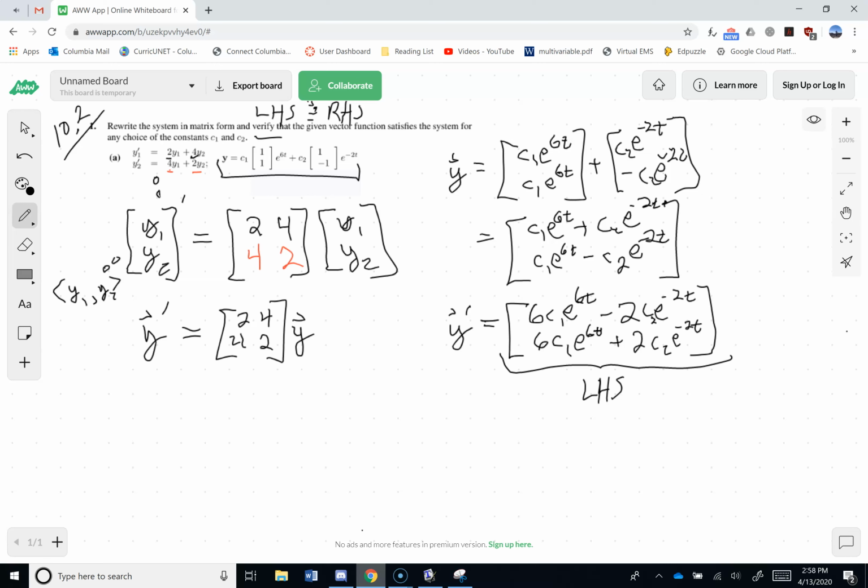So I have the left-hand side. I really need to calculate the right-hand side, right? Okay, so if the right-hand side is supposed to be this matrix 2, 4, 4, 2 times the vector y, then I guess I better go do that, right?